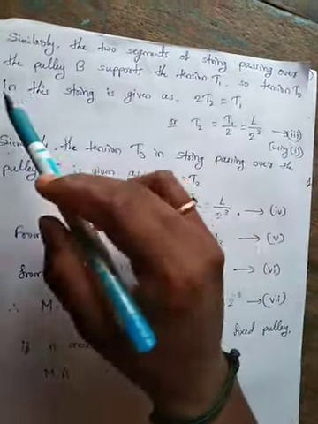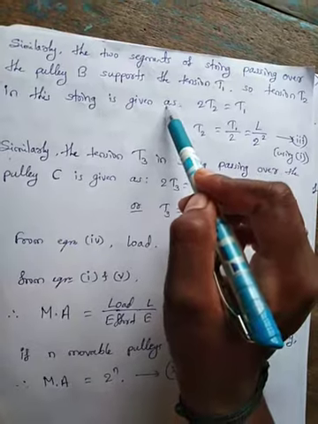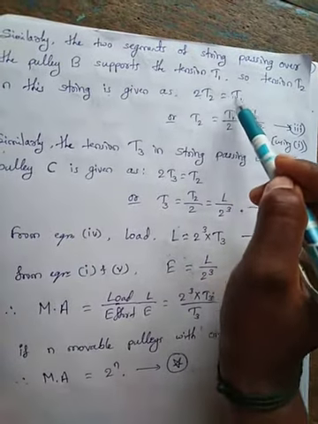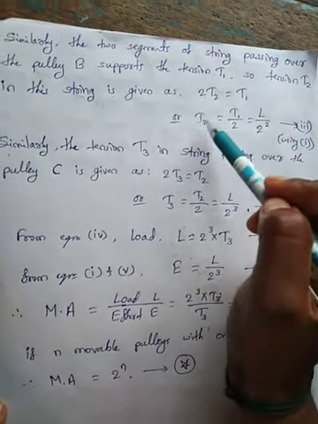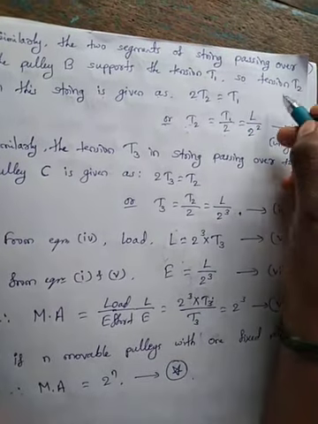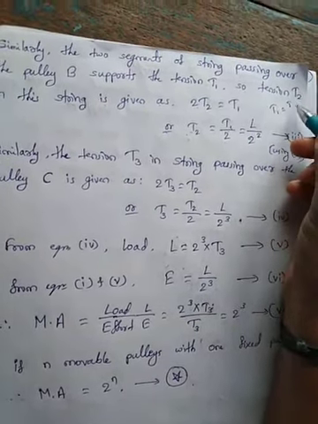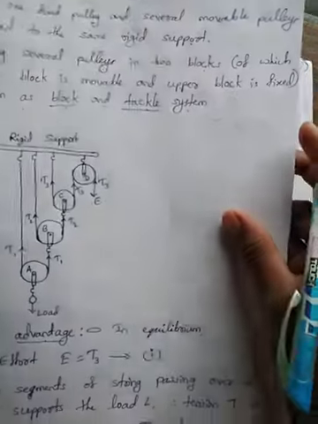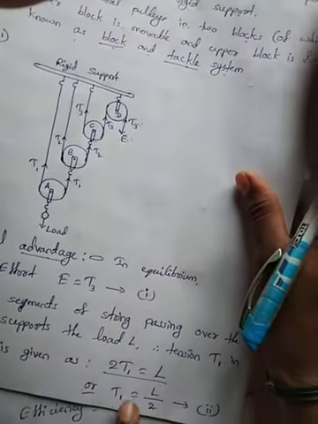So tension T2 in this string is given as 2T2 is equal to T1, or T2 is equal to T1 divided by 2. And T1 is what? Equation number 1. T1 is equal to L by 2.